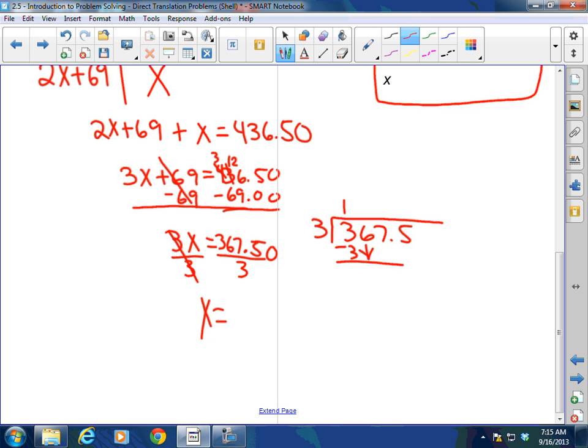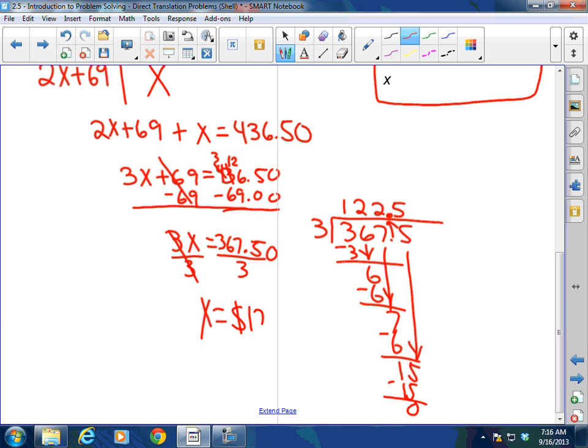Hopefully you're following my math here. Pretty simple. Don't forget to bring up your decimal point, please. And that's 5. So it's 15. Boom. Okay, so x equals $122.50.